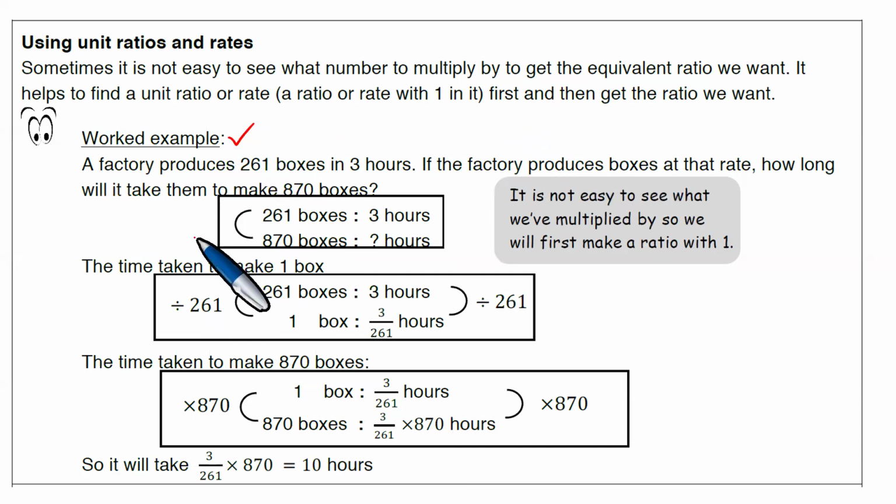Work the example. These are the kinds of problems you're going to find. A factory produces 261 boxes in 3 hours. If the factory produces boxes at that rate, how long will it take to make 870 boxes? So we have the following.